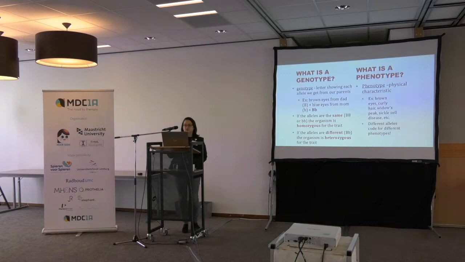So first of all, what is genotype and what is phenotype? These are two concepts that we use very often in clinics and in genetics in particular. Genotype is the variant or the change that you have in your gene, that you get from your parents. So you get two genotypes, two alleles, one from each parent. And the product of this gene is your phenotype.